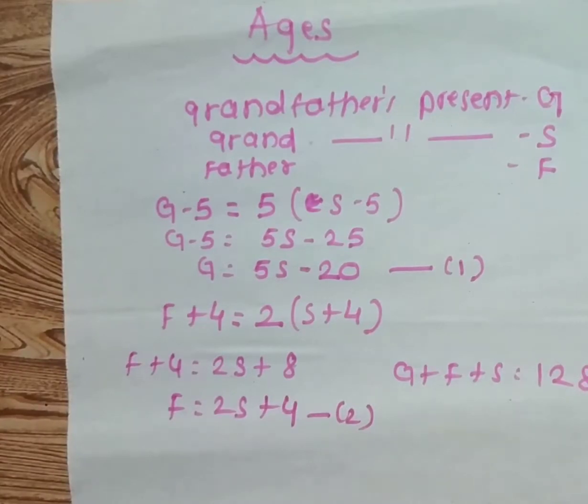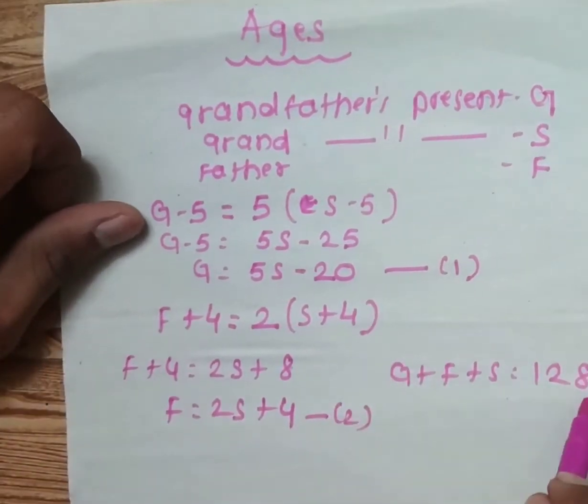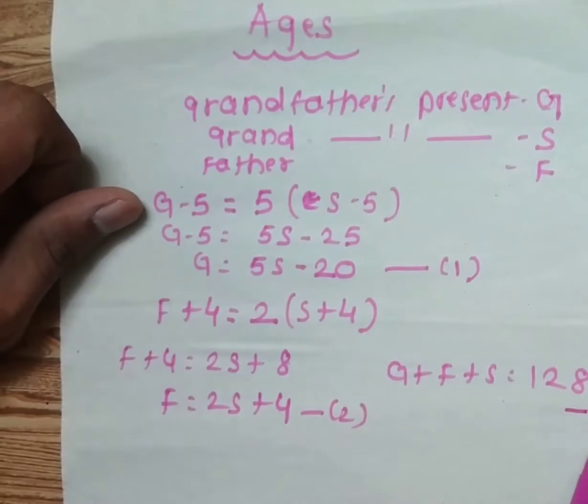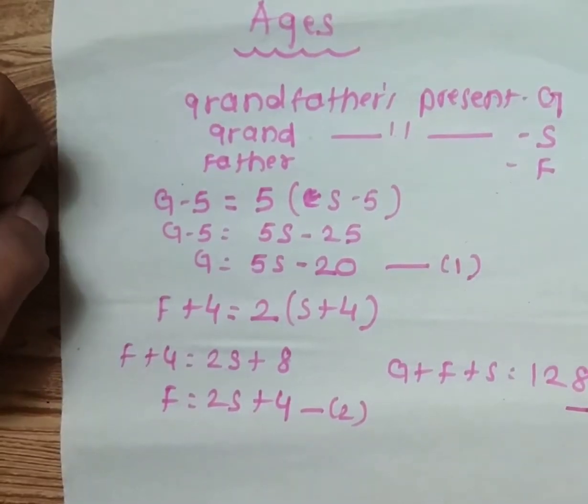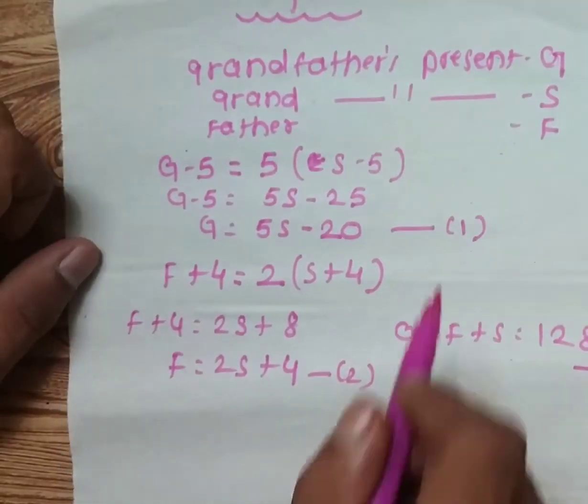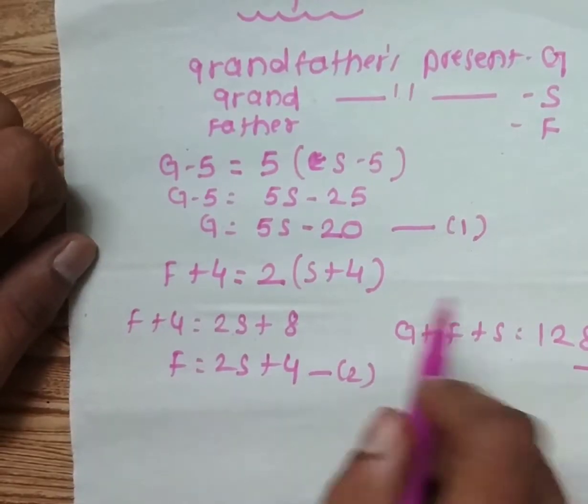We just have to put these two equations in equation 3, G plus F plus S is equal to 128.